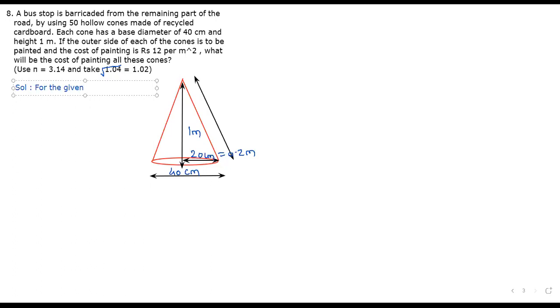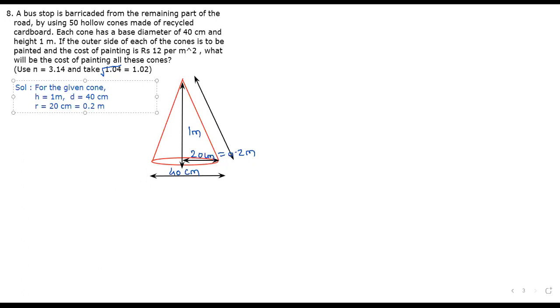For the given cone, they have given to us height equal to 1 meter, diameter equal to 40 centimeters. Hence radius is equal to 20 centimeters, that is equal to 0.2 meters.